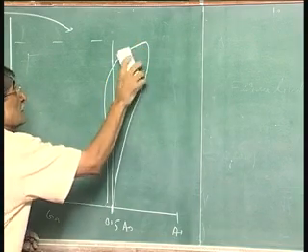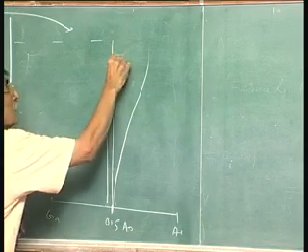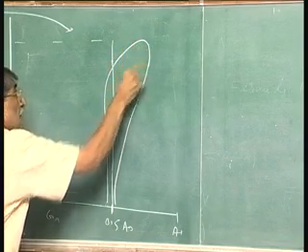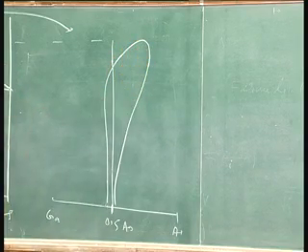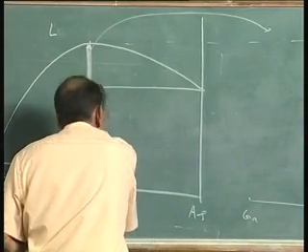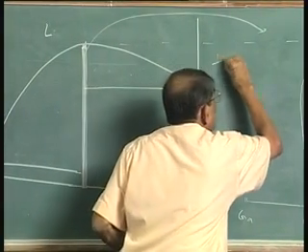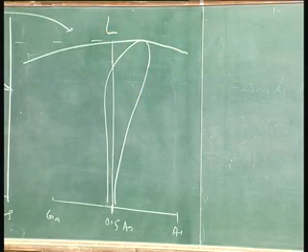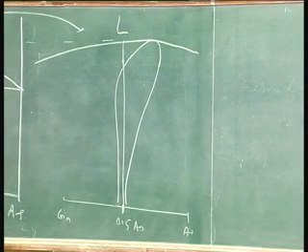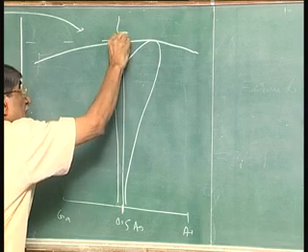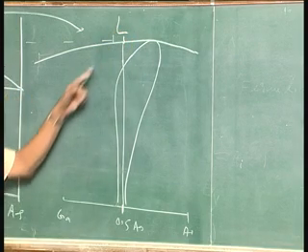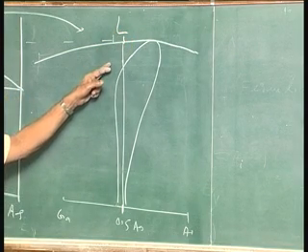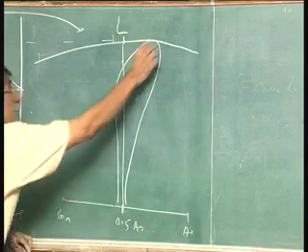I am not able to draw it very neatly. This is the expanded view of this, and on the top of that you have the liquid. So now you can see when I freeze from here or here, the solid that freezes, where does it go? It goes into this.